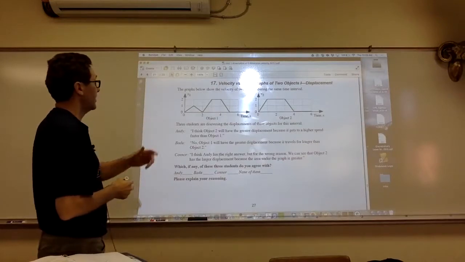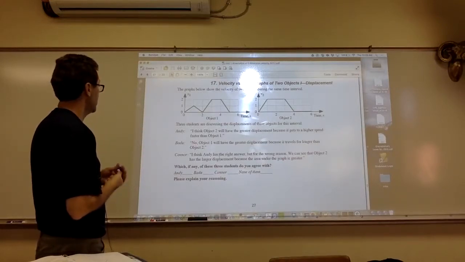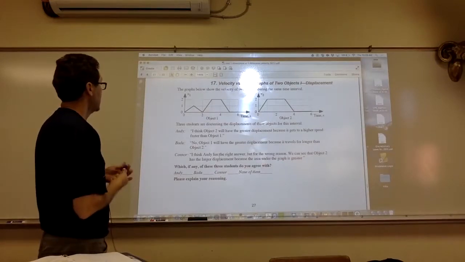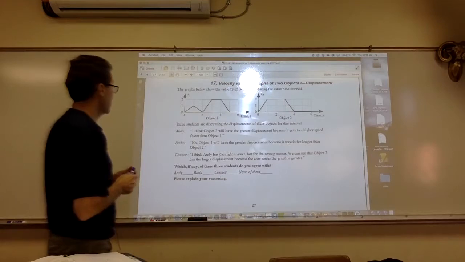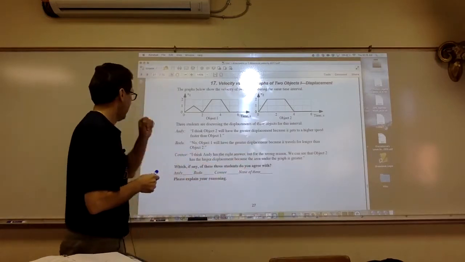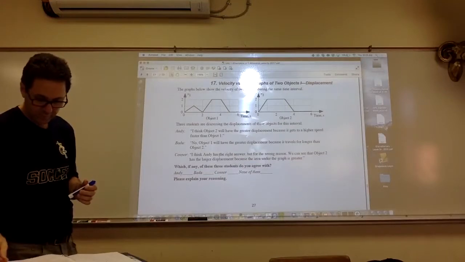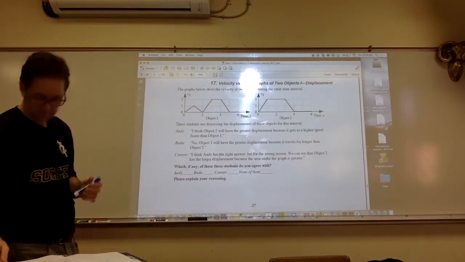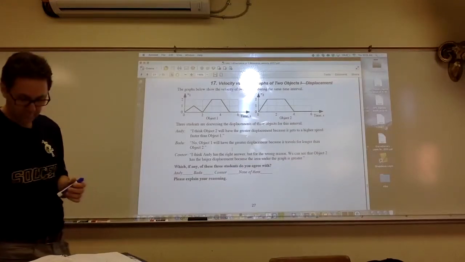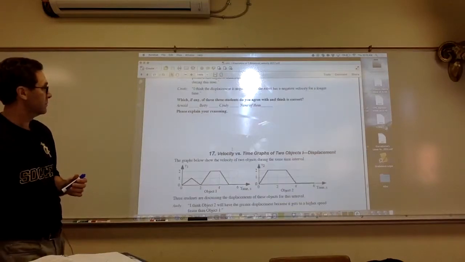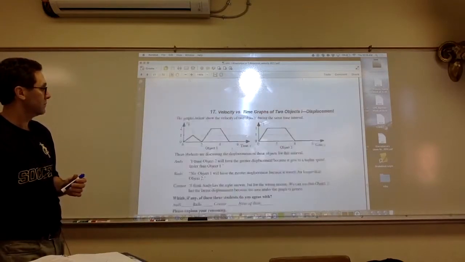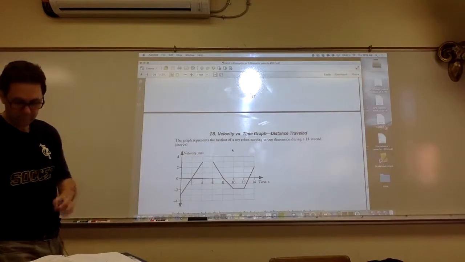For these two graphs, these are velocity time graphs. The students are making these statements. I think object 2 will have the greater displacement because it gets to a higher speed faster than object 1.